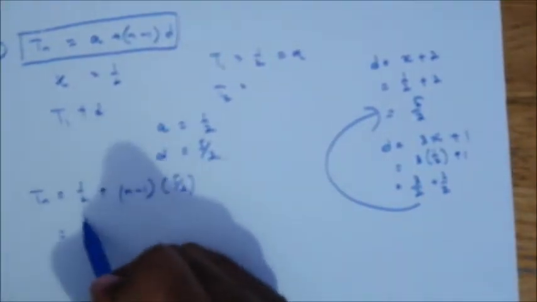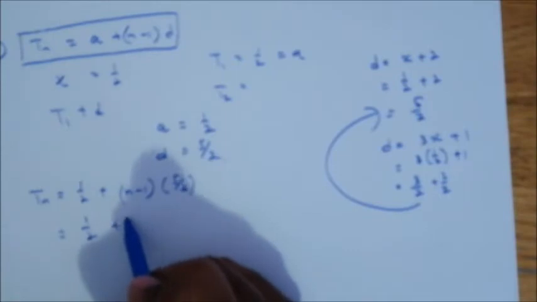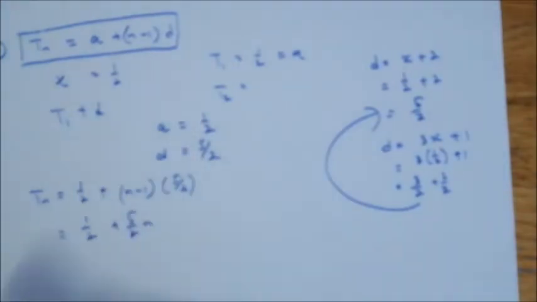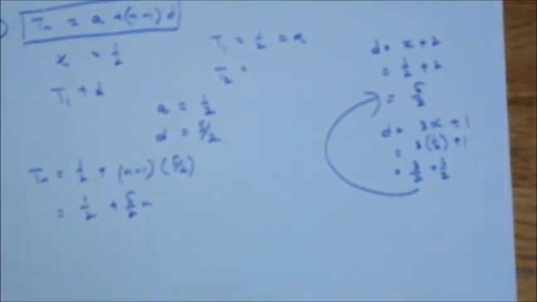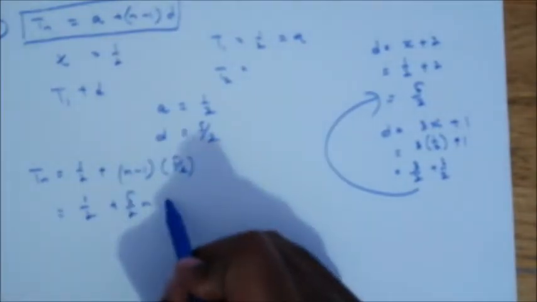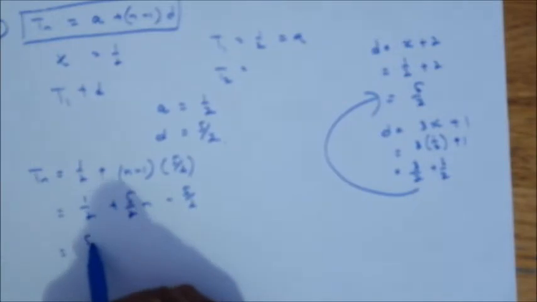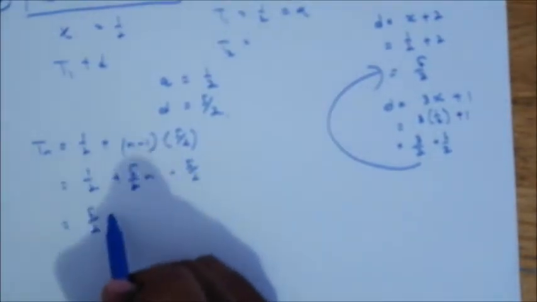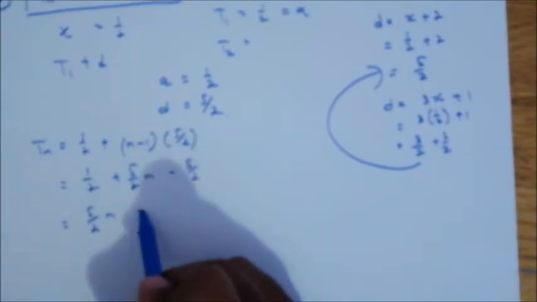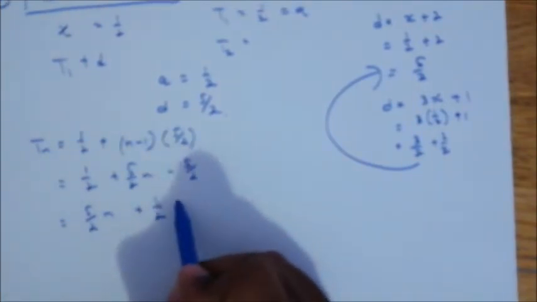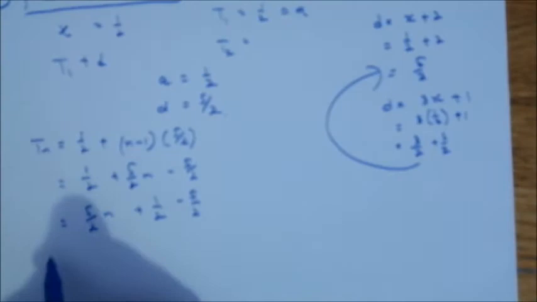Okay, so 1 over 2 plus 5 over 2n, right? Minus 5 over 2. So this is 5 over 2n plus 1 over 2 minus 5 over 2.